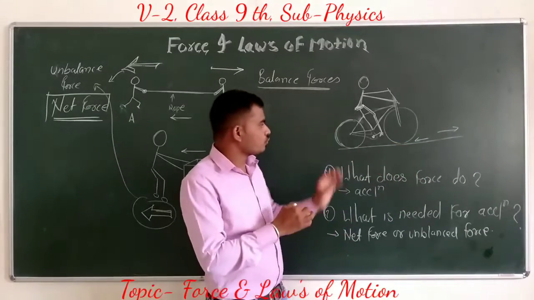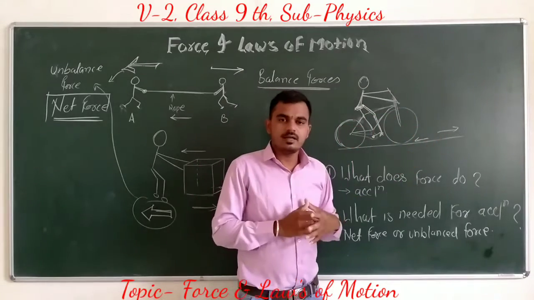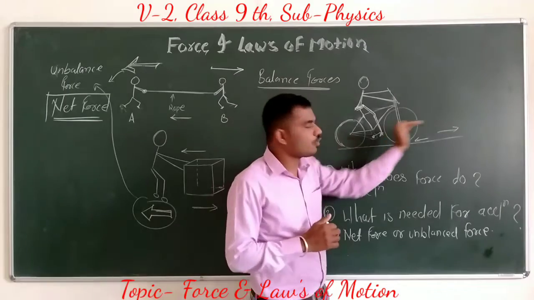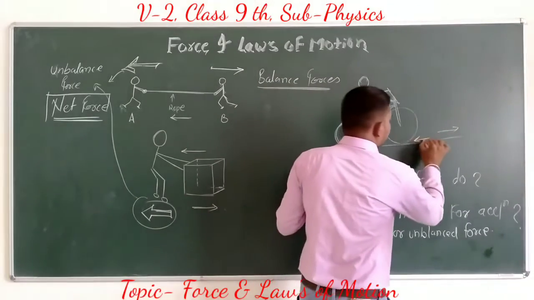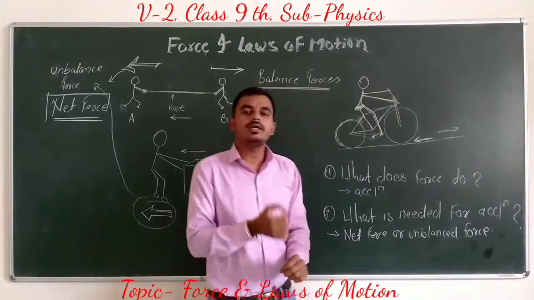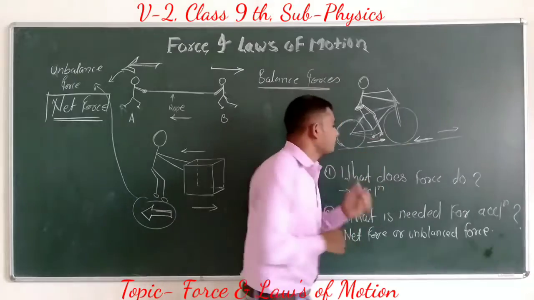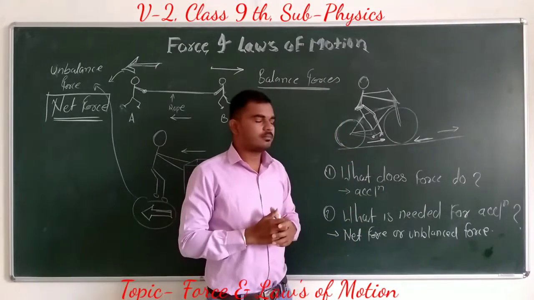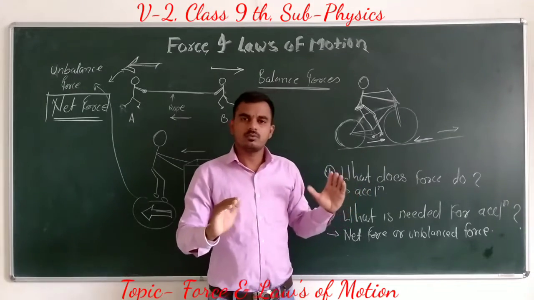If we apply a force on any object, suppose we apply a force on a bicycle and it moves at a uniform speed, then the frictional force is also an equal and opposite force on application of force on that body, and there is no acceleration. Why?